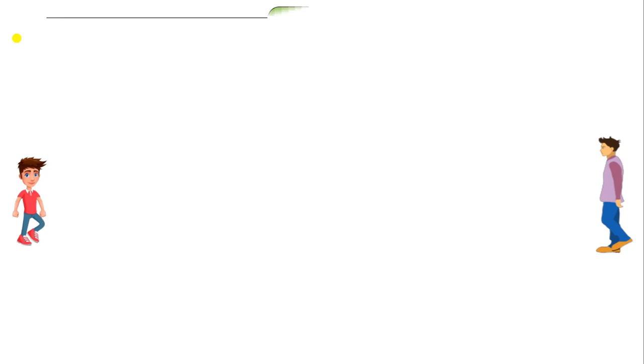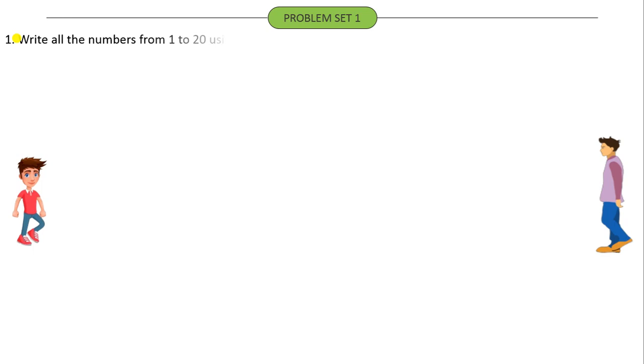Okay then, we are moving to problem set number 1. Yes, teacher. Okay, question number 1 is: write all the numbers from 1 to 20 using Roman numerals. Teacher, can I tell the answer of this question? Of course, Rahul, you can tell me the answer.